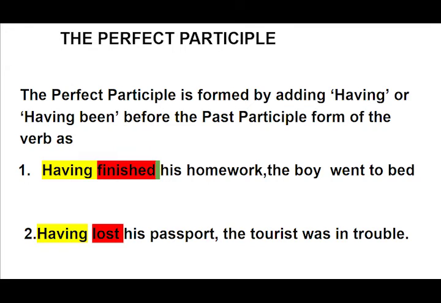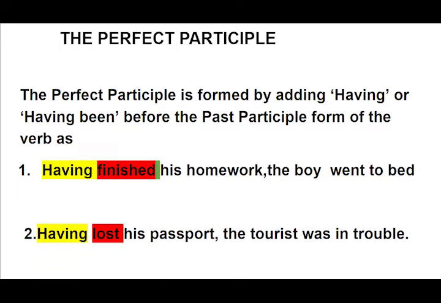Now let us understand the third kind of participle, that is the perfect participle. The perfect participle is used to show complete action in the past. The perfect participle is formed by adding having or having been before the past participle form of the verb.